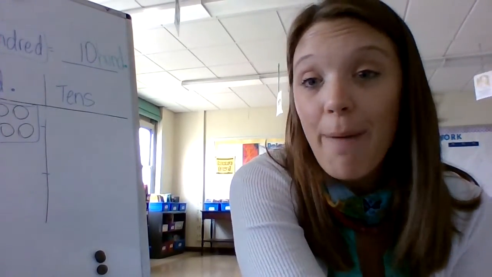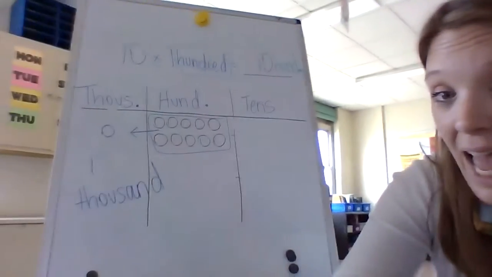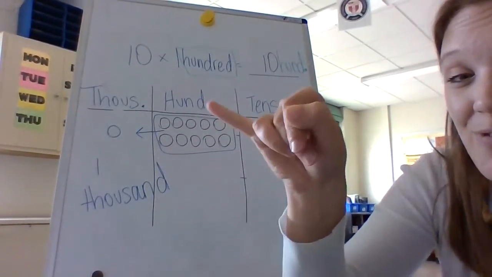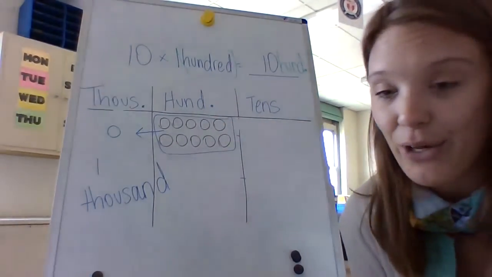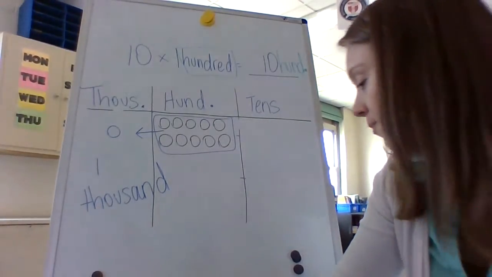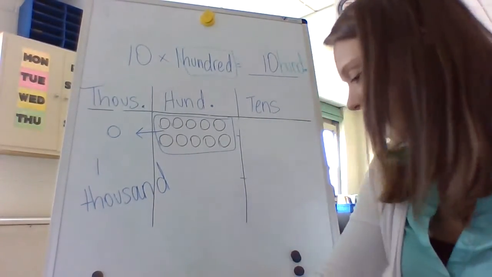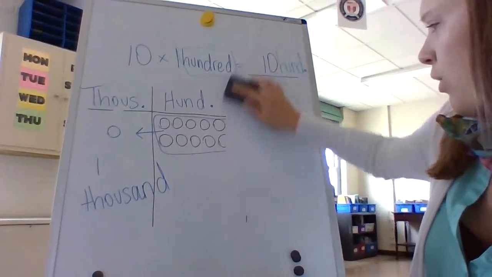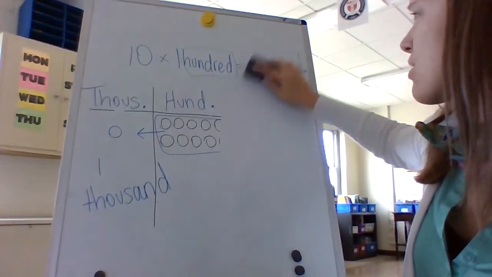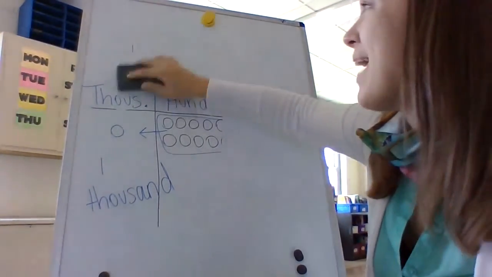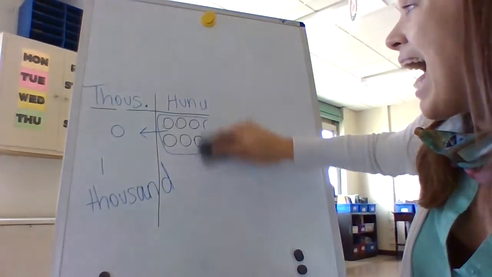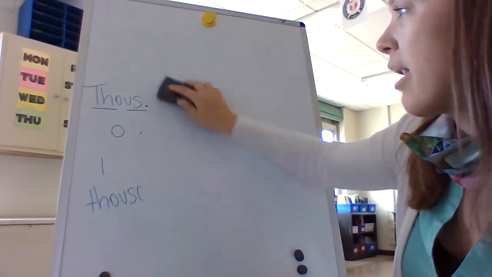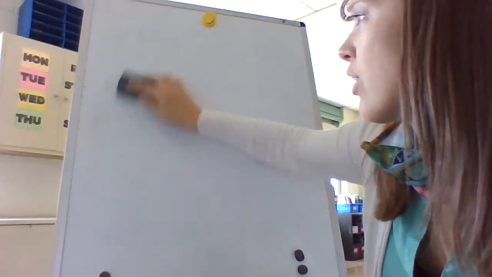So please just remember, whenever there's a group of 10, bundle it and move it on over to the next place value. Because what we'll start to notice the rest of this week in math is that there is a pattern going on in the place value chart.